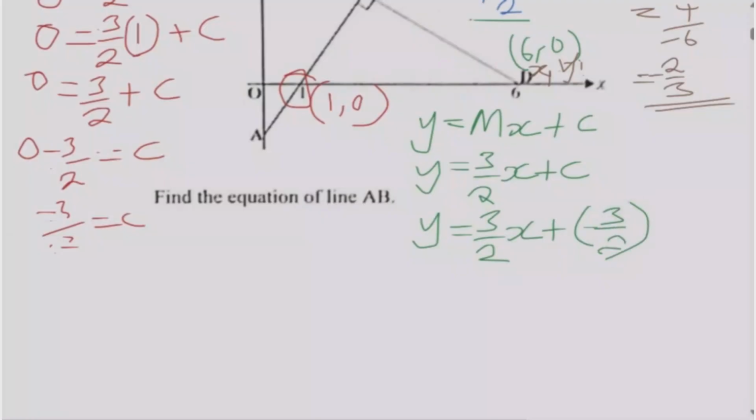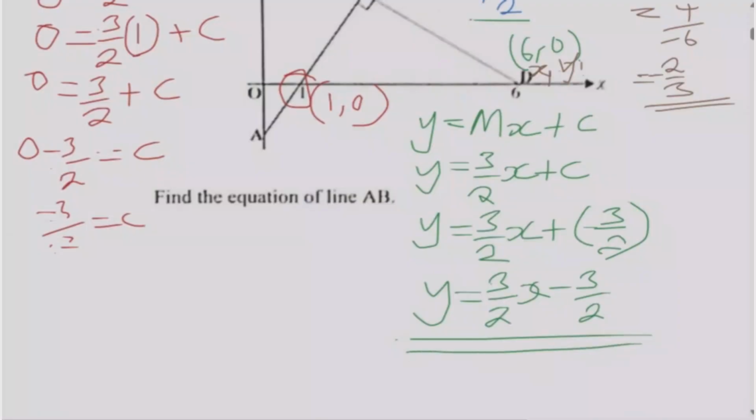Okay, that's the value I got. So I continue, y is equal to 3 over 2x, then positive times negative 3 over 2 will give me negative 3 over 2. So now this is the equation for the line AB.